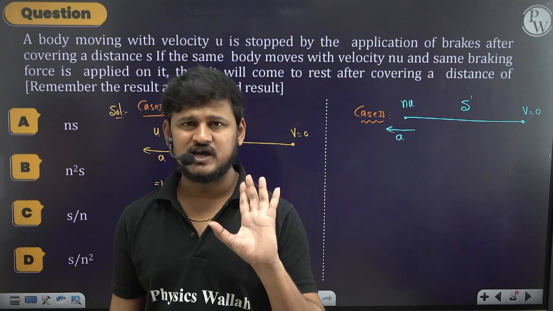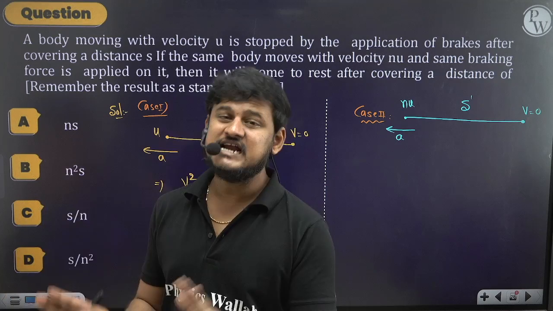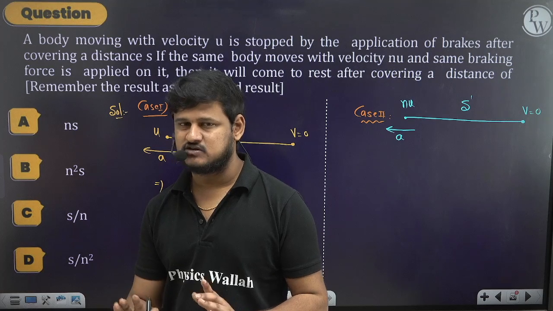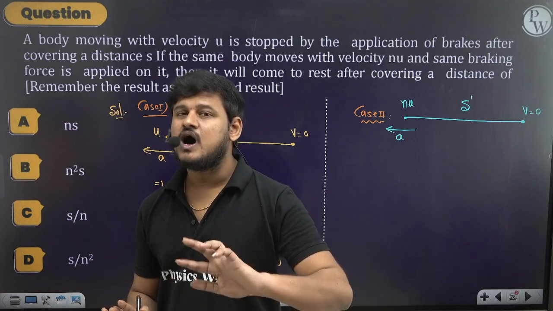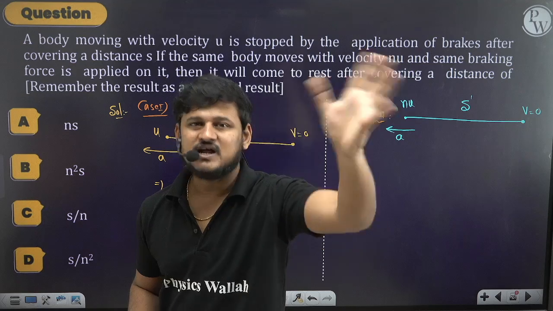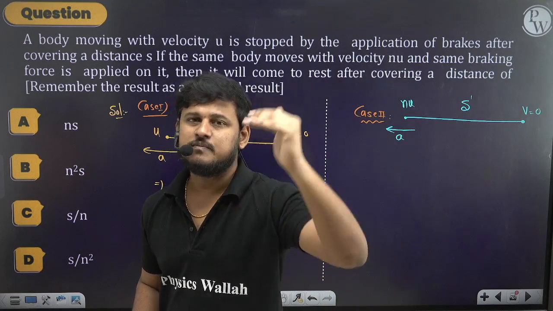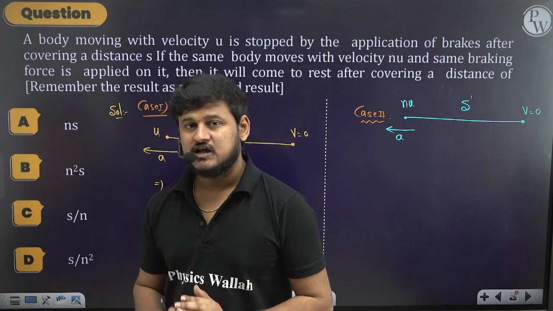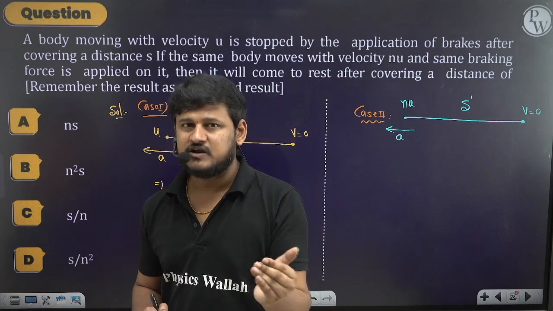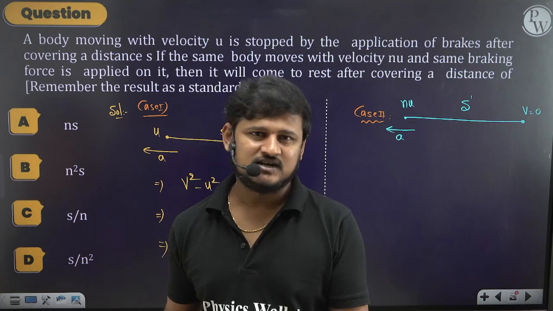If I am moving at more speed, say 80 km/h, and the same braking force is applied, not extra braking force, obviously my vehicle will stop after more than 100 meters. Previously at 40 km/h it stopped at 100 meters. Now when I increased the speed to 80 km/h, obviously my vehicle will stop after more than 100 meters. The same thing here.